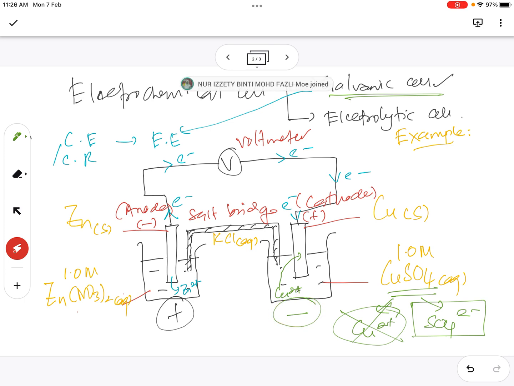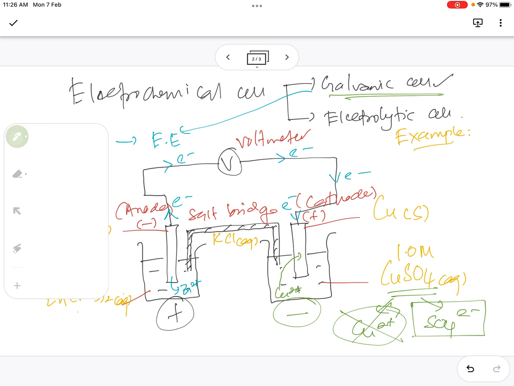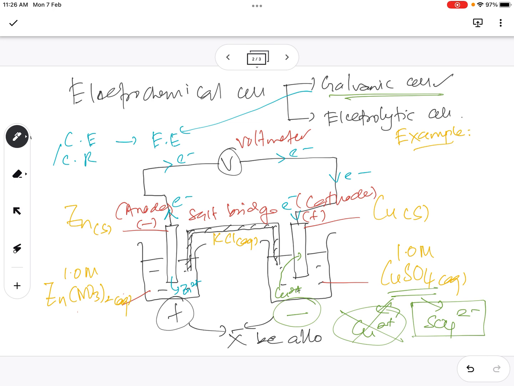Okey. Kalau perkara ini berlaku, kita punya electrochemical cell akan berhenti berfungsi. So kita tak boleh biarkan build up of positive charge, build up of negative charge. Kedua-dua ni tak boleh dibenarkan. Cannot be allowed. Saya tulis sini, ini dua-dua cannot be allowed.